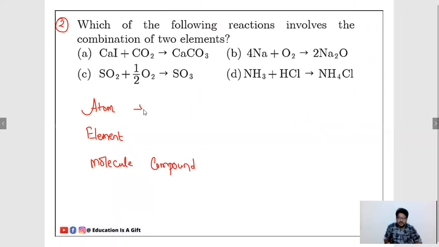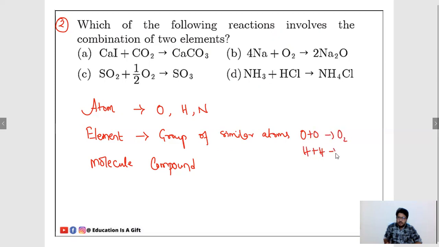Atom is nothing but if it is single, for example, just oxygen, hydrogen, nitrogen, we can call it an atom. While coming to element, it is a group of similar atoms. Group of similar atoms known as element means oxygen plus oxygen, nothing but O2, hydrogen plus hydrogen, nothing but hydrogen element, like that.